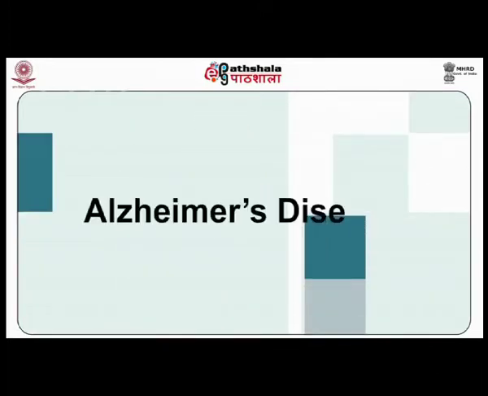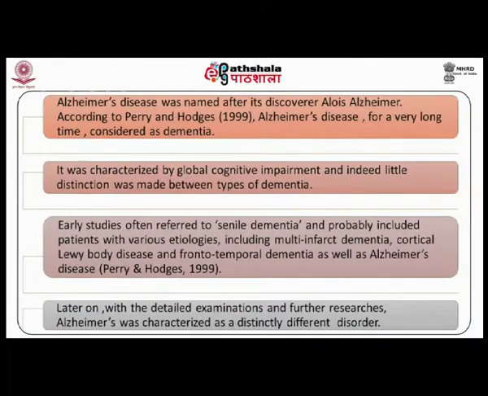Alzheimer's disease. Alzheimer's disease was named after its discoverer Alois Alzheimer. According to Perry and Hodges in 1999, Alzheimer's disease was for a very long time considered simply as dementia. It was characterized by global cognitive impairment, and indeed little distinction was made between types of dementia.